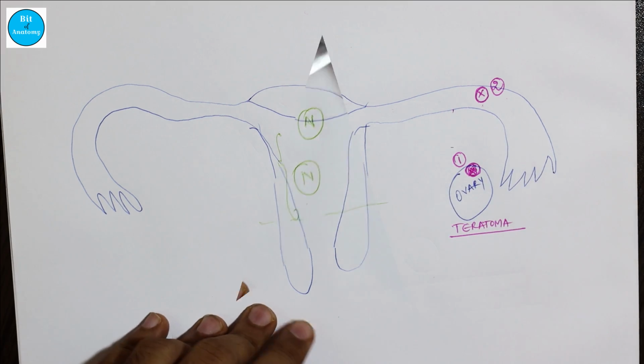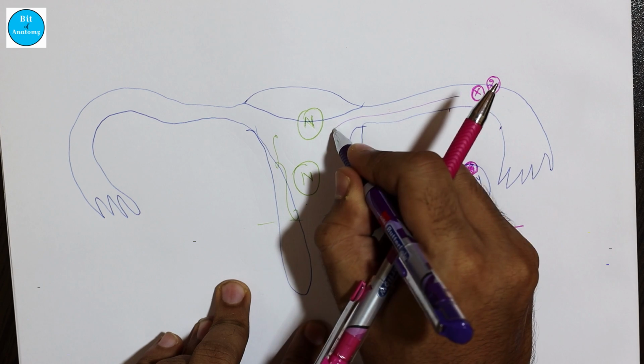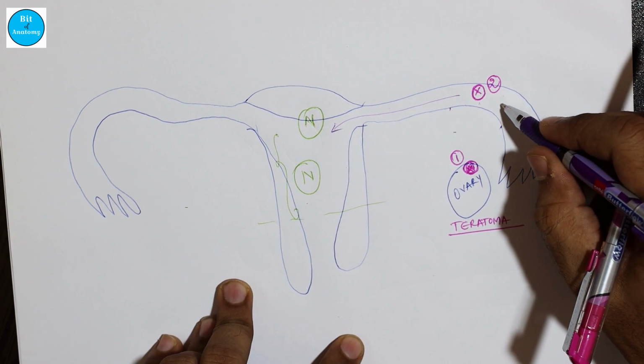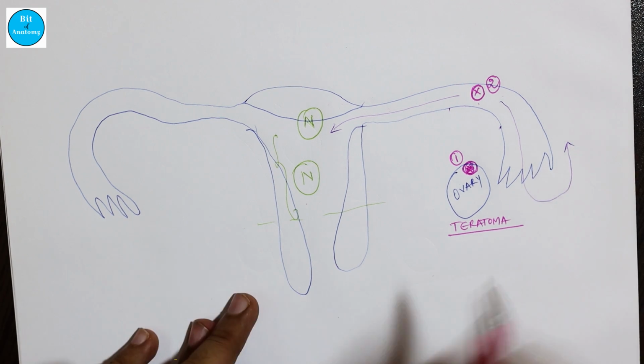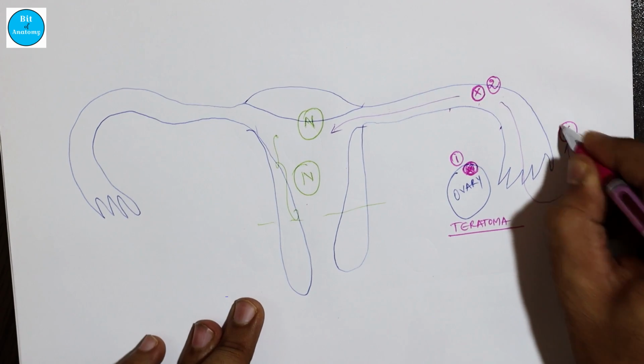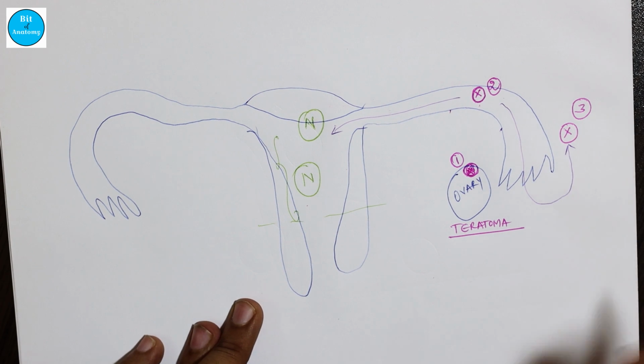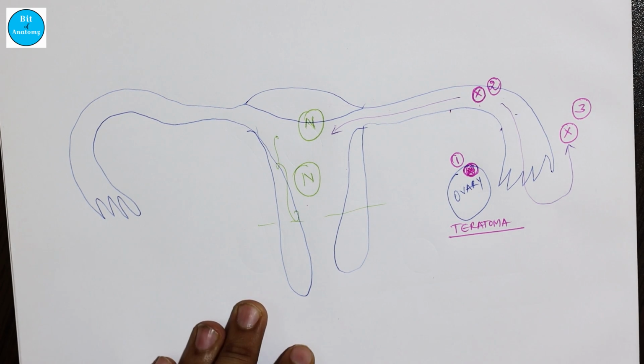Sometimes, instead of traveling in the direction of the uterus, the embryo might travel in the opposite direction and end up getting implanted in the abdominal cavity or the peritoneal cavity. There also the development can occur for a certain stage.